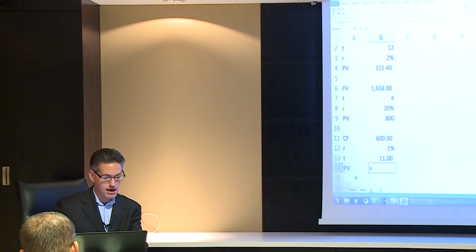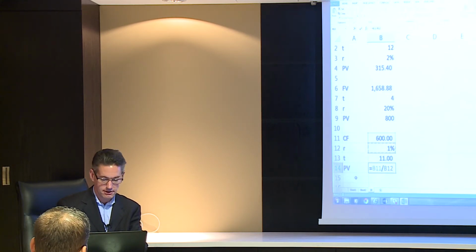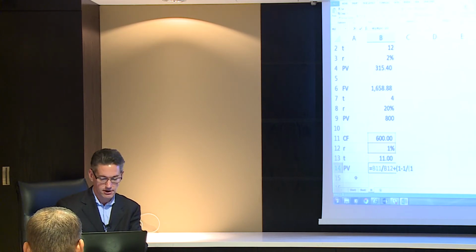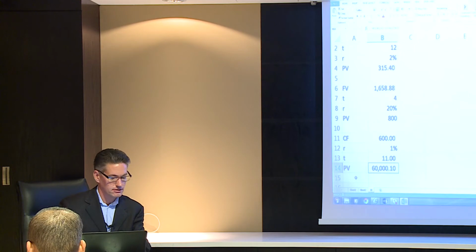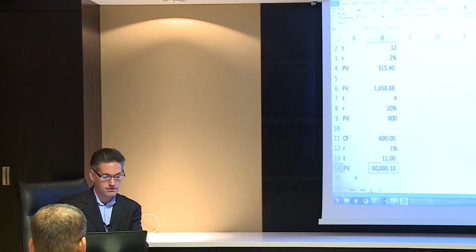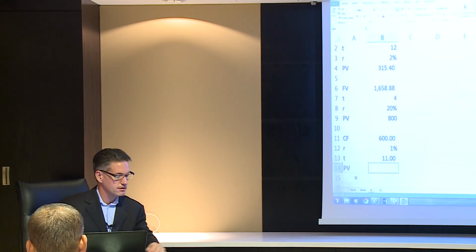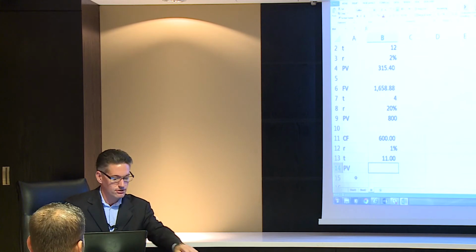We can do cash flow over interest rates plus 1 minus 1 divided by 1 plus R to the power of n. Cash flow multiplier, multiply by, not divided. Which formula did you guys use?